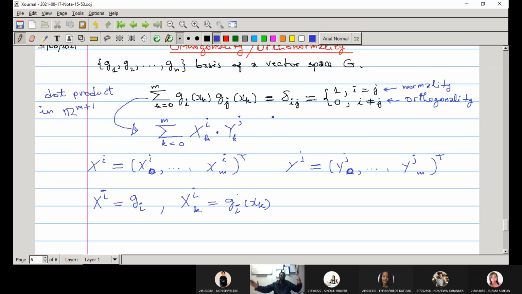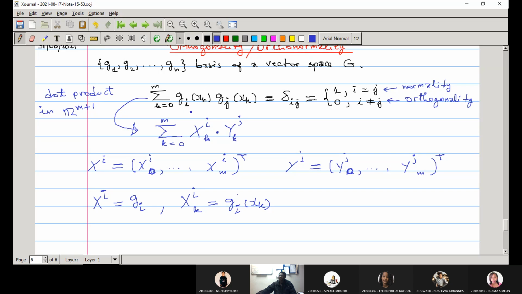You know what is a dot product? You have two vectors, dot product. When the dot product is 0, you say that the two vectors are orthogonal. That's what you have here. But you can see that this one and that one, when i is equal to j, then this will give us the norm of the vector itself, right?